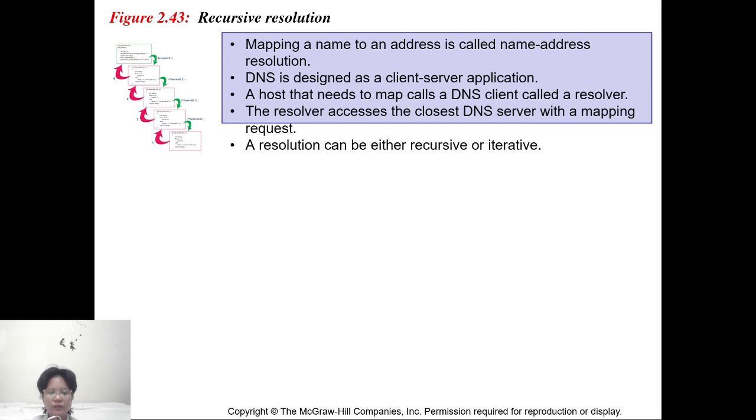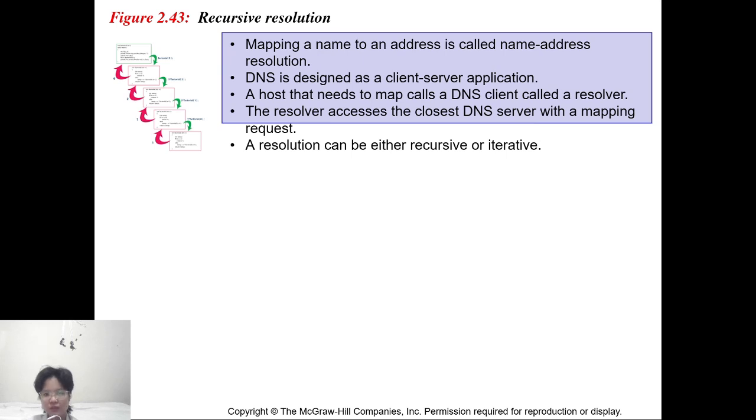In picture 2.43 is a recursive resolution. Mapping a name to an address is called name address resolution. DNS is designed as a client-server application. A host that needs to map is called a DNS client, called a resolver.